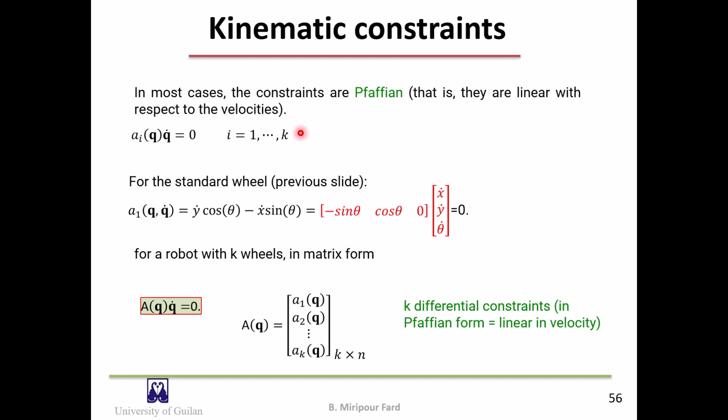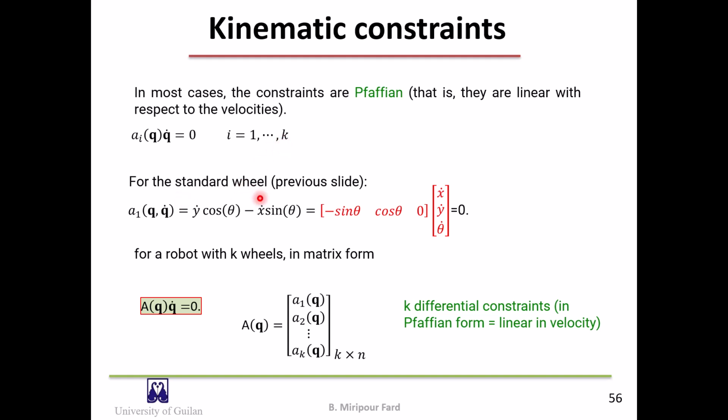In most cases, the constraints are Pfaffian, that is, they are linear with respect to the velocities. So we can write it as a_i of q times q dot equals 0, in which i varies from 1 to k.